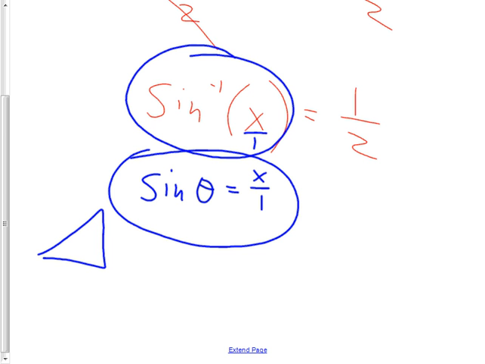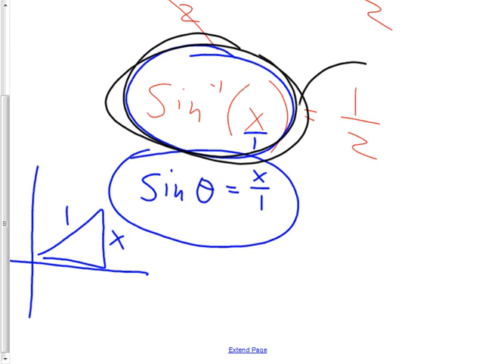Sine is opposite over hypotenuse, right? So the opposite side is x, the hypotenuse side is 1. But wait a minute. That's got to equal 1/2.